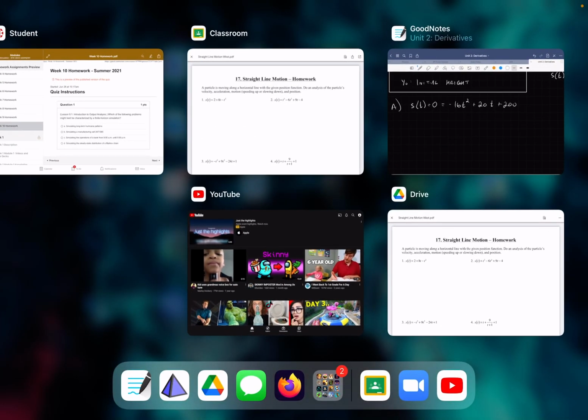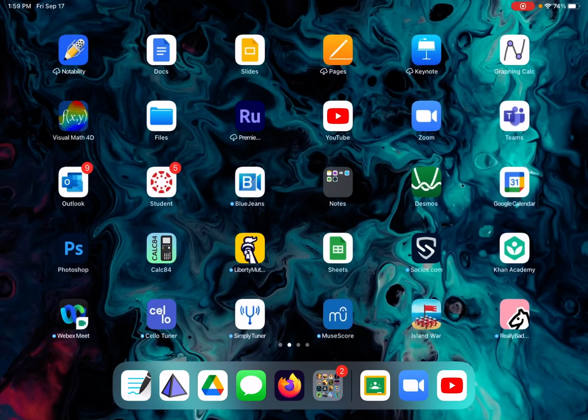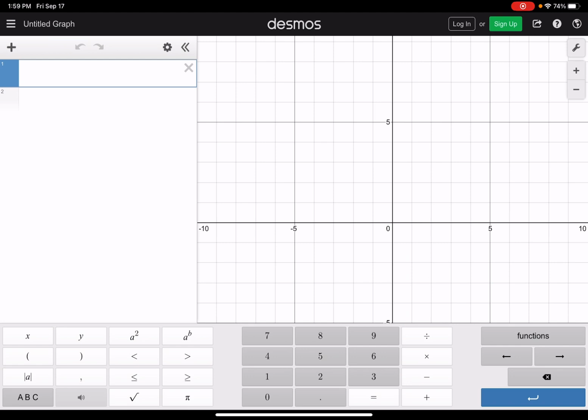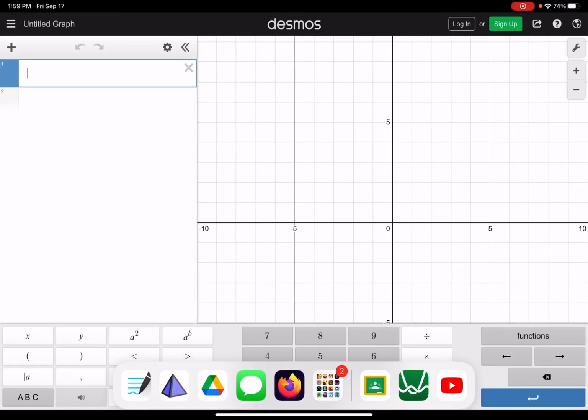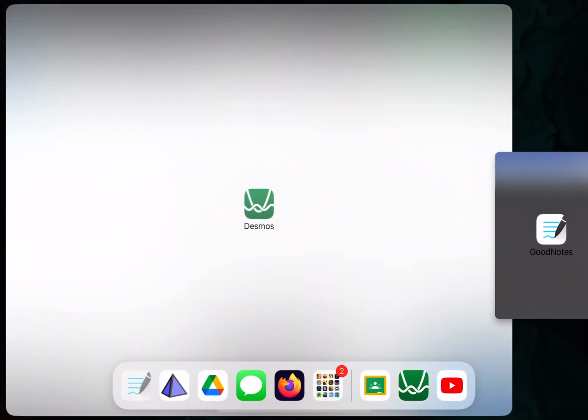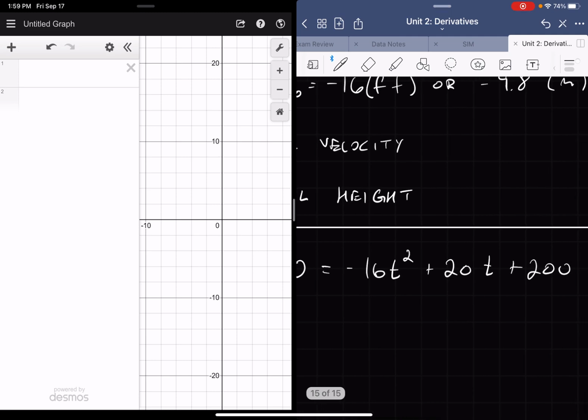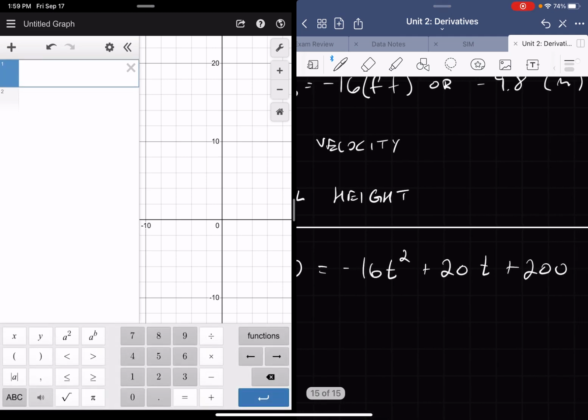So where is Desmos? Here it is. So the equation here is, I'm going to type this in. So the equation is 16t squared.